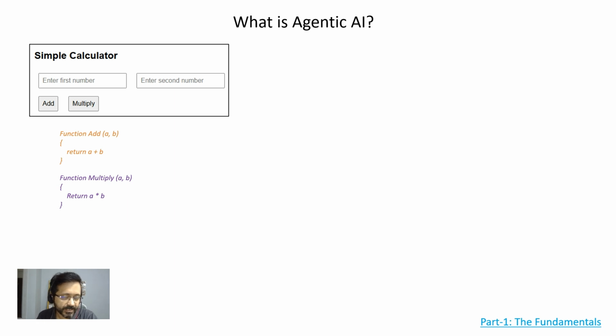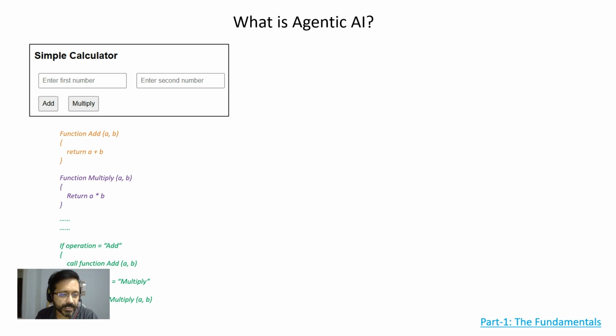the logic. So please pay attention here. This logic basically decides which function is to be called. So how would you typically write this logic, or this brain of the application? It would be like this. You will first check what the operation type is, whether it is add or multiply.